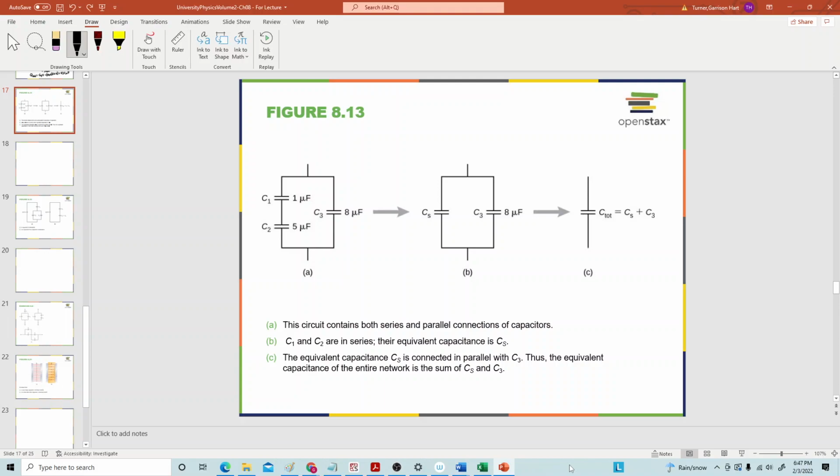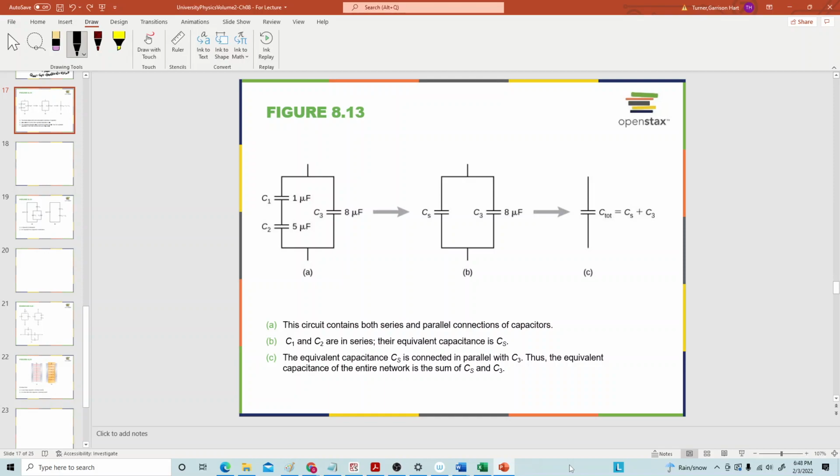All right, so what we want to do in this video is continue looking at capacitance, and we want to look at a couple of examples of situations where there are both series and parallel situations, and we want to look at the issues of both using a dielectric in a capacitor, and we want to look at the energy that is in a capacitor.